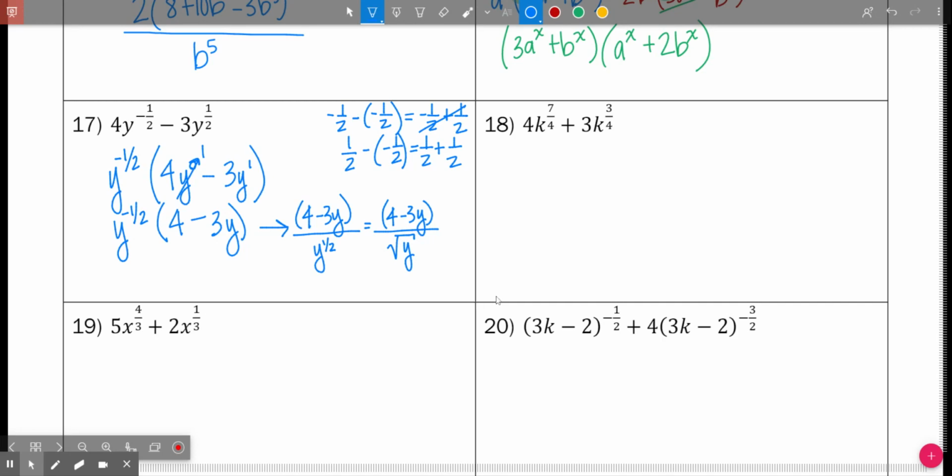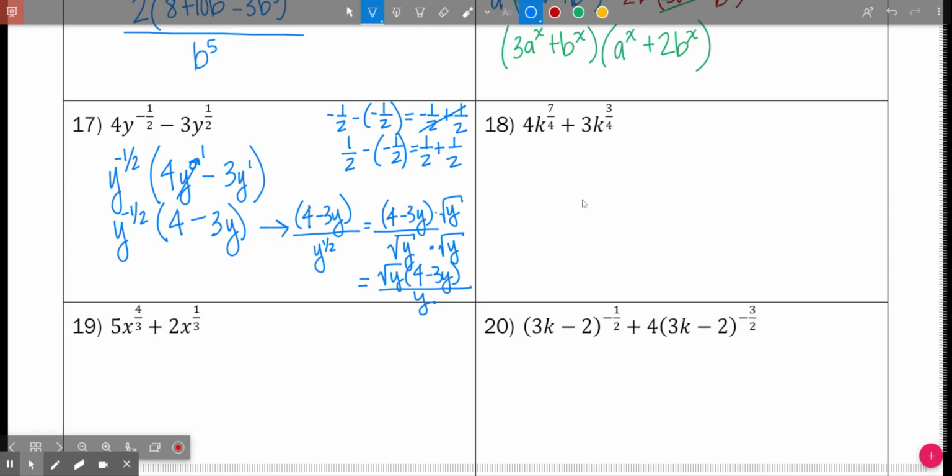Well, then we rationalize the denominator, so multiply both by the square root of y on the top and the bottom, and this gives me the square root of y times 4 minus 3y over y.